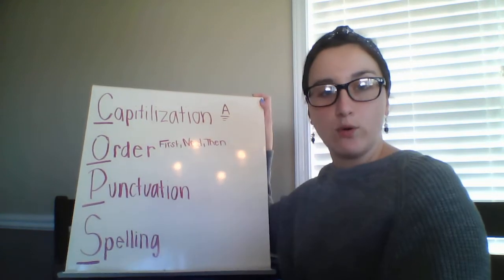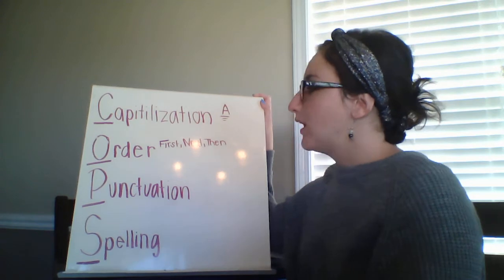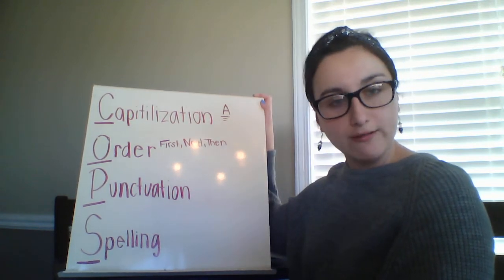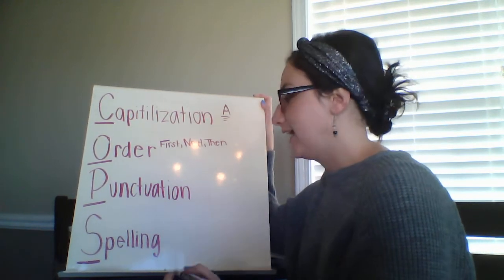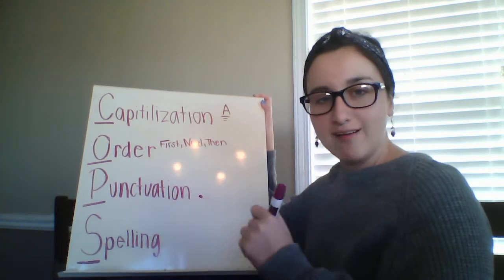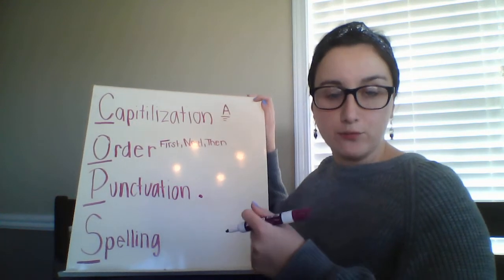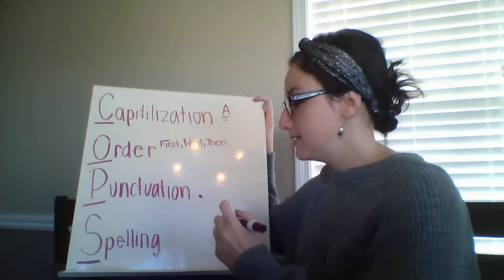P stands for punctuation. When you are looking at your rough draft and revising and editing, you would want to ask yourself, do I have a period at the end of every sentence so that the reader knows where to stop?